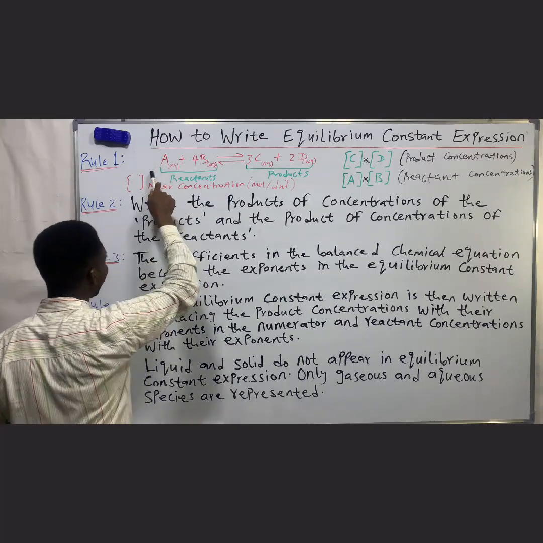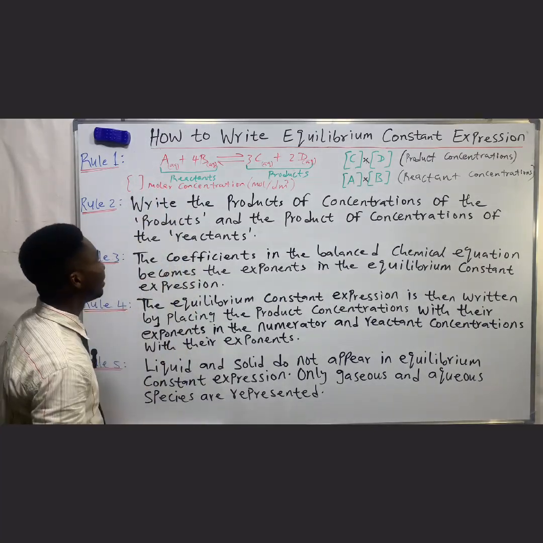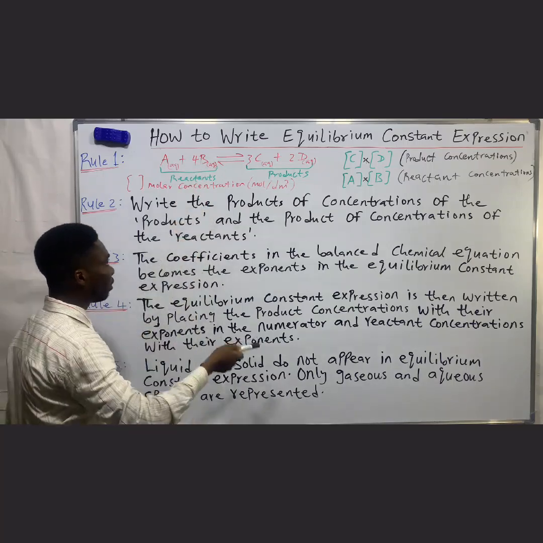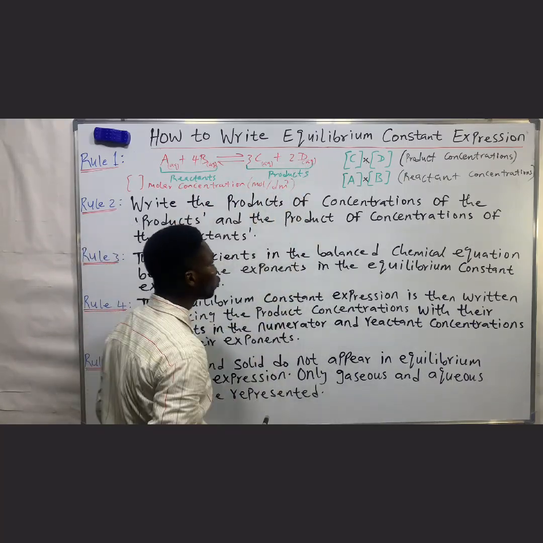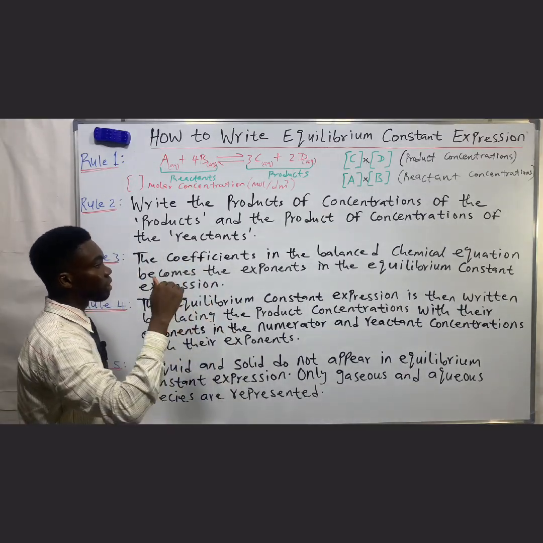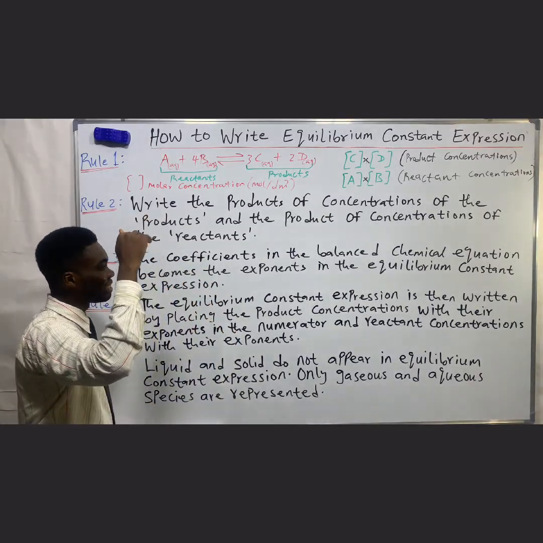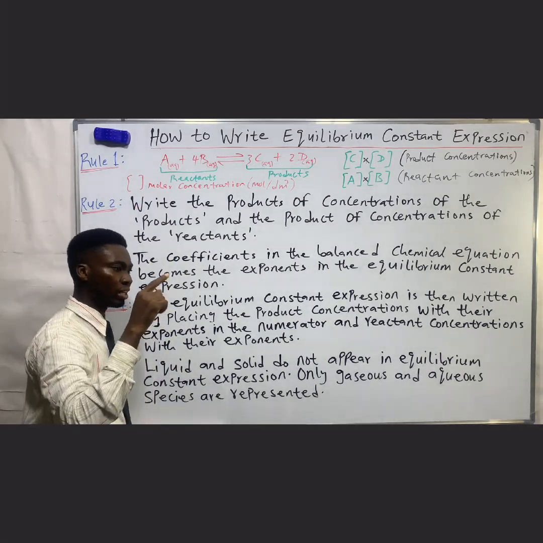You don't need to write 1, but just know there is 1 here. The coefficient of B is 4, the coefficient of C is 3, and the coefficient of D is 2. So the coefficient becomes the exponent in the equilibrium constant expression.